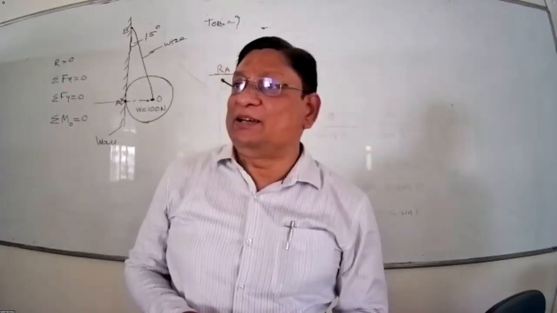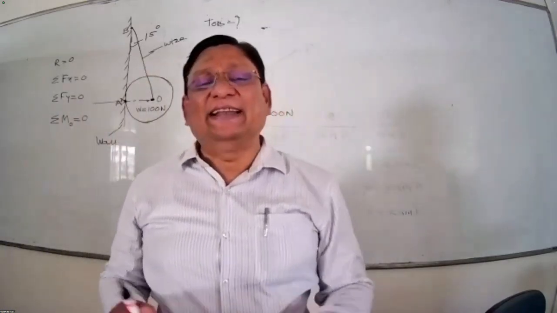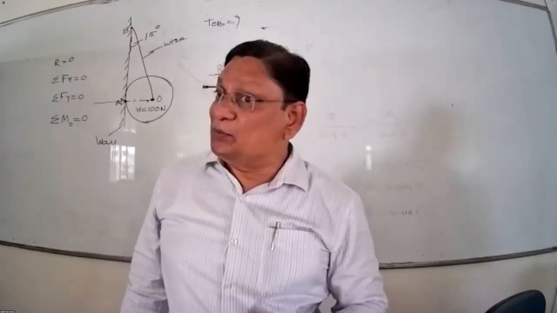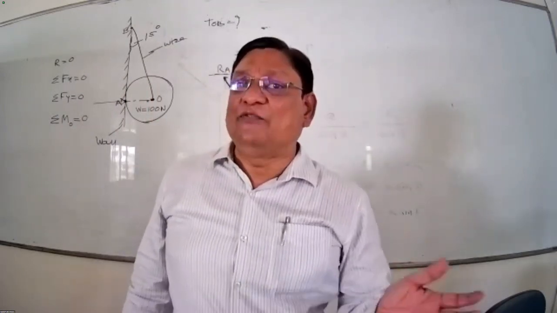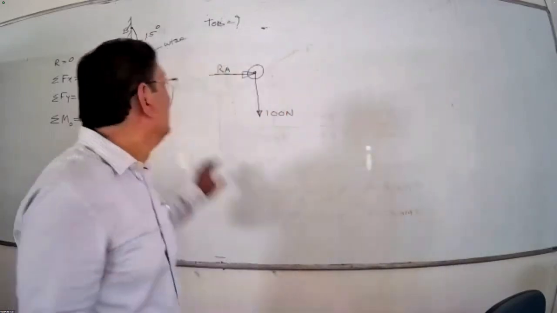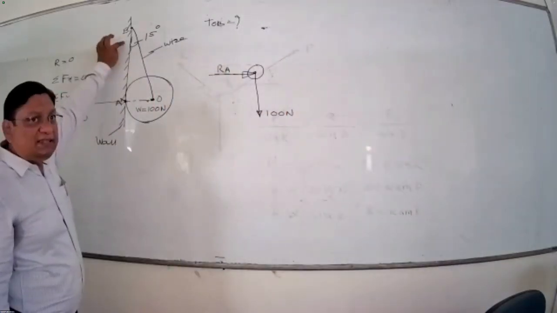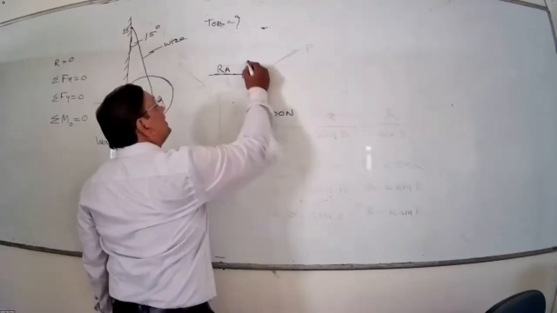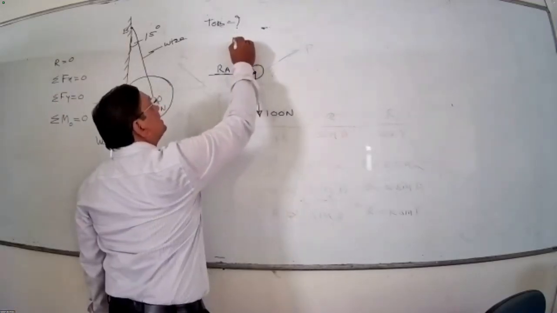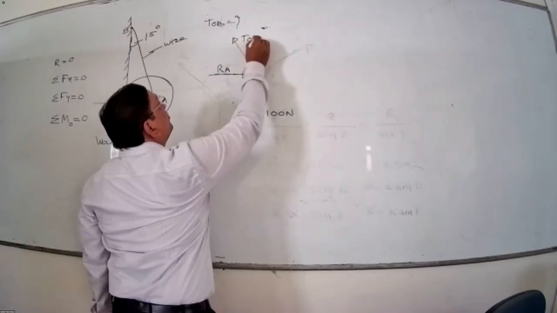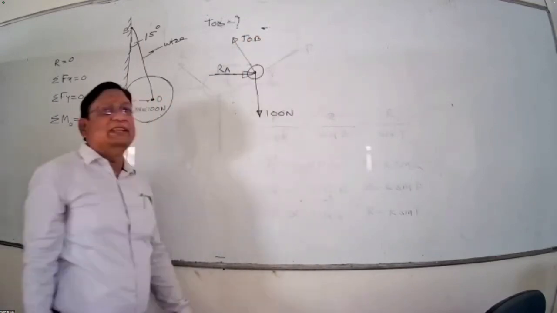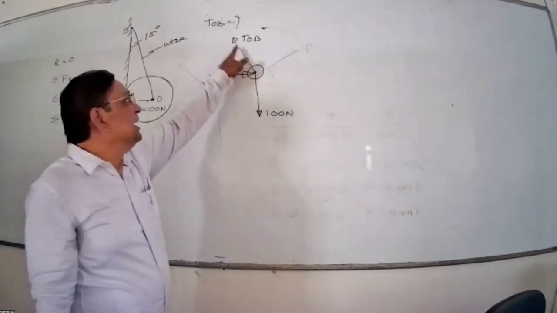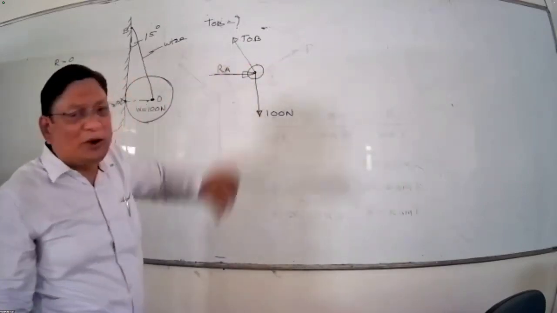If there is a connection between bodies by means of a cable, wire, or rope, it is to be replaced by tension, and it acts away from the body. Here OB is the wire. In the free body diagram, OB is replaced by the tension in cable OB, and the tension is always acting away from the body. So this is the free body diagram I am getting.